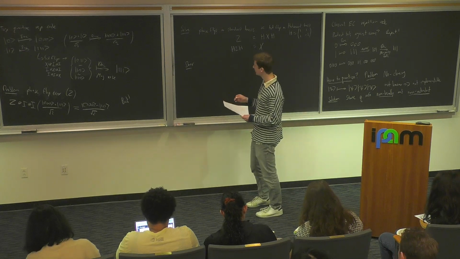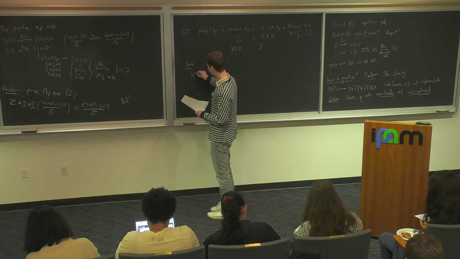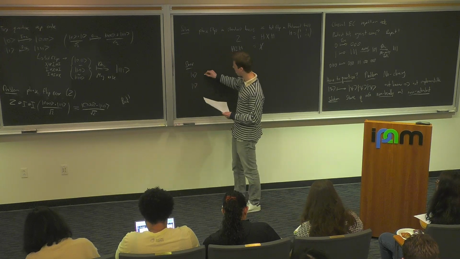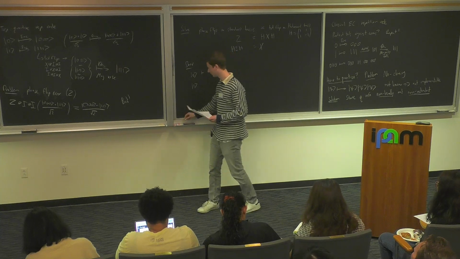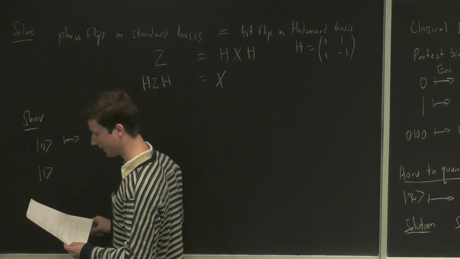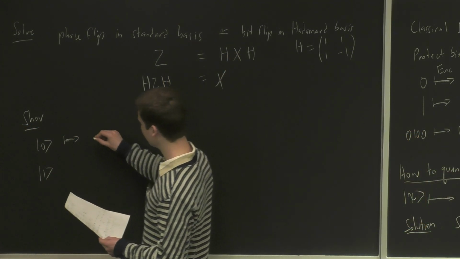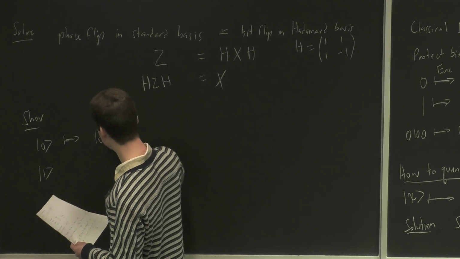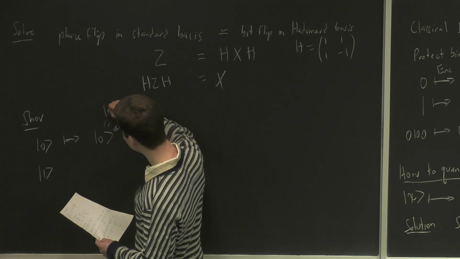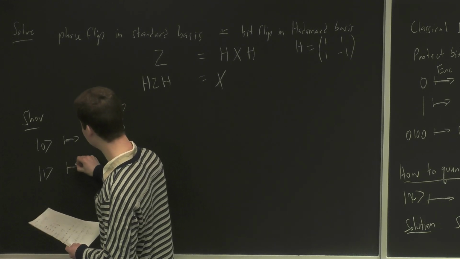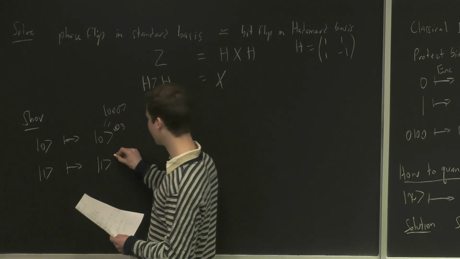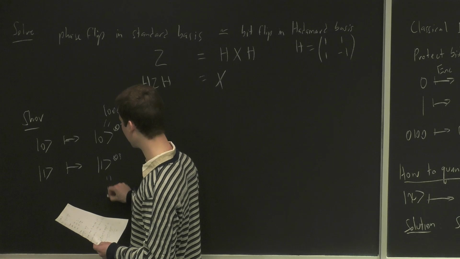So essentially what we want to do here is we take our message, either 0 or 1, and we first just encode in an ordinary repetition code. So I'll write that as 0 tensored with itself 3 times, which is just 0, 0, 0. And we map 1 to 1 tensored with itself 3 times, which is just 1, 1, 1.